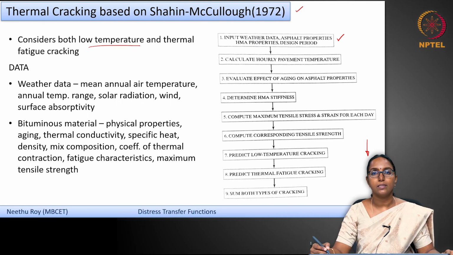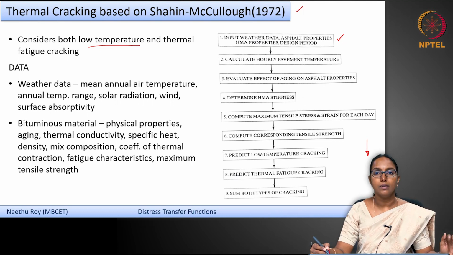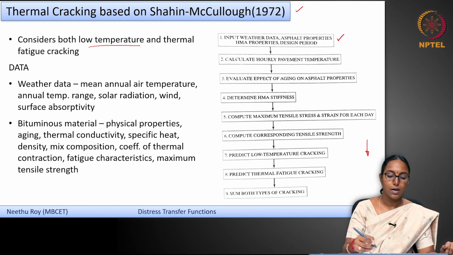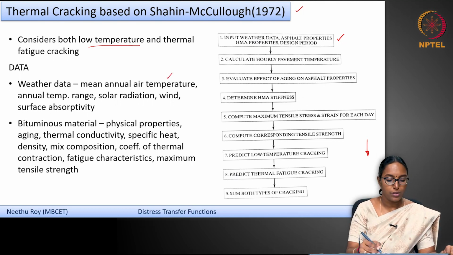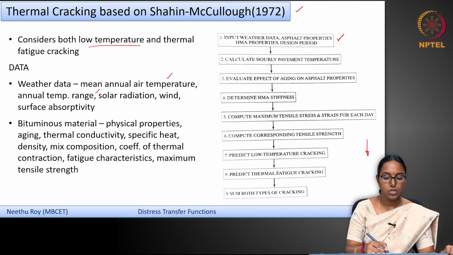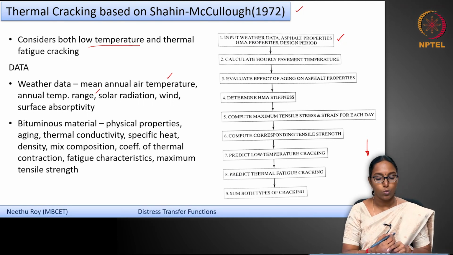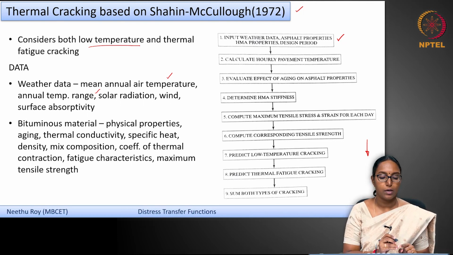When I say weather data, any data that contributes to the thermal behavior of the material is needed for this analysis, which includes the mean annual air temperature, the annual temperature range, the solar radiation, the wind, the surface absorptivity, and all those weather data have to be input to capture how the temperature changes.